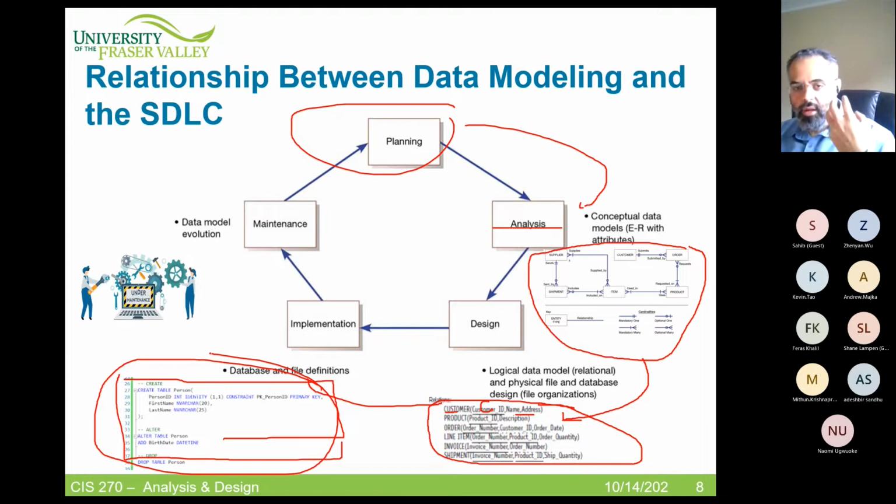But this will happen based on this planning, analysis, and design, because I should finish this, then finish this, then go here. So as the implementation part, I will write a DDL query. DDL query means the query in general, the SQL query.